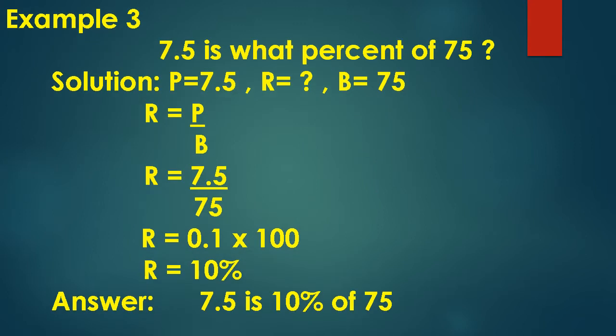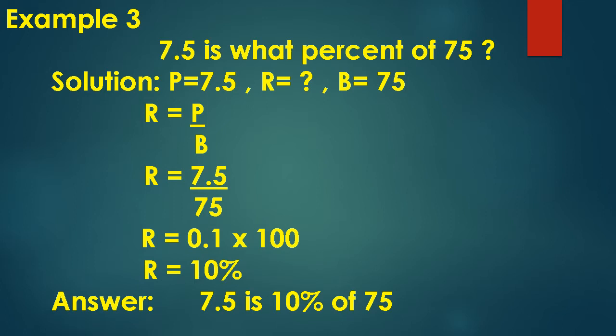Example number 3. 7.5 or 7 and 5/10 is what percent of 75? Solution. Okay, the value of P is 7.5 or 7 and 5/10. The rate is unknown. We do not know what is the rate. And the base is 75.